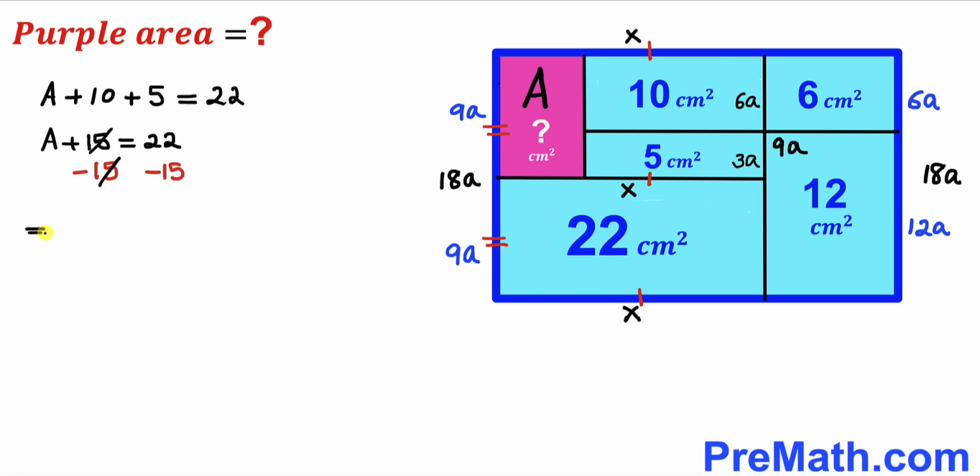So our area uppercase A value is going to be equal to 7 cm². Since A represents the area of this purple shaded rectangle, the purple shaded rectangle area is going to be 7 cm².